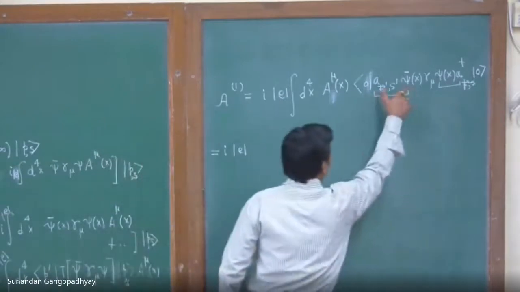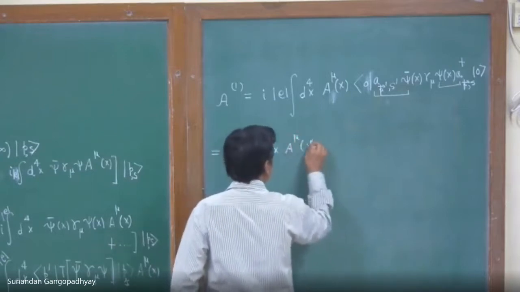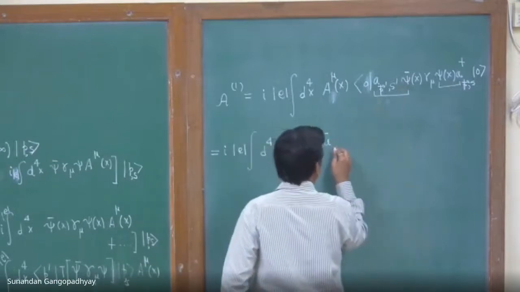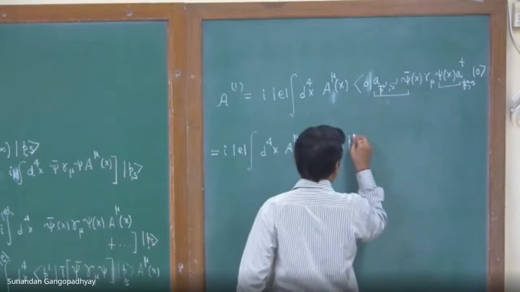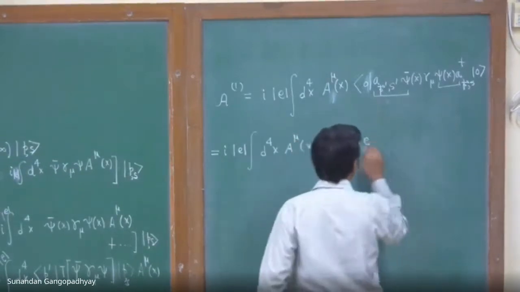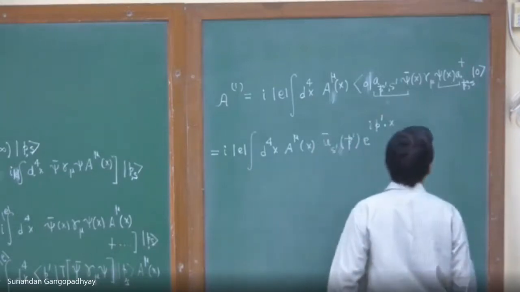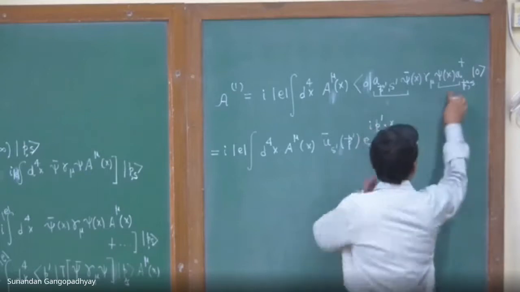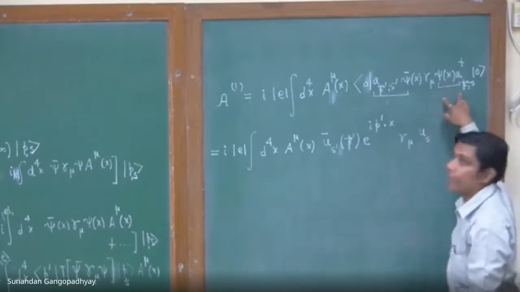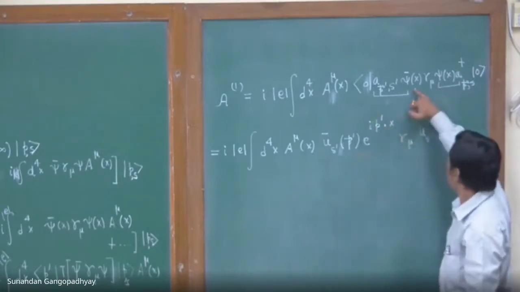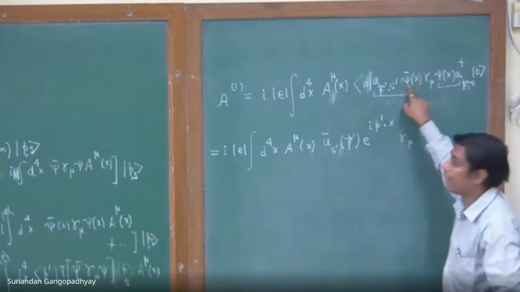This contraction will give us u bar s prime of p prime, e to the power of i p prime x. For the other contraction, psi contains A, so A and A dagger give a nontrivial contribution. For psi bar, you have two terms, A dagger and B, but it is only A dagger which will contribute.